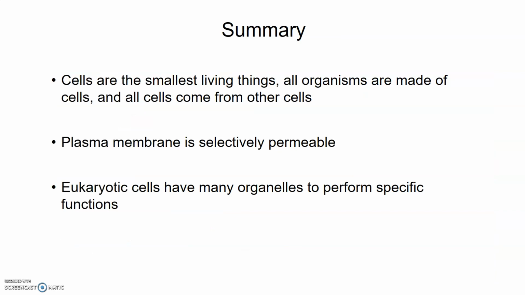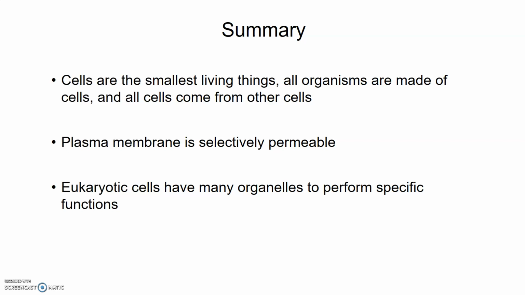Okay. And so just to summarize the cell lecture, cells are the smallest living things. All organisms are made of cells, and all cells come from other cells or pre-existing cells. If you take these three things together, that's what's known as the cell theory.